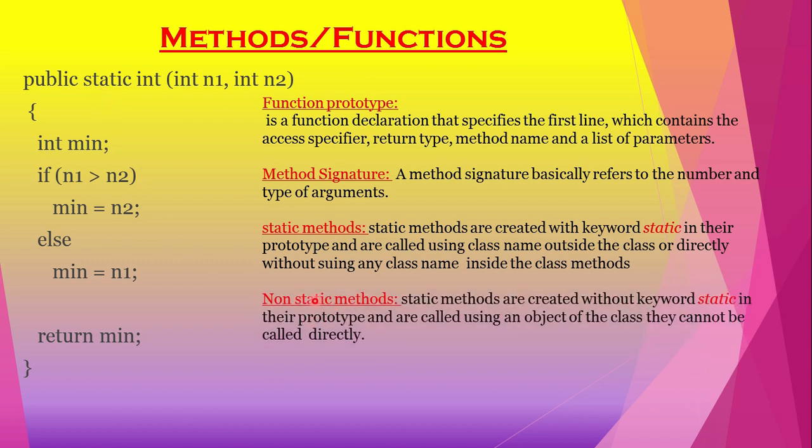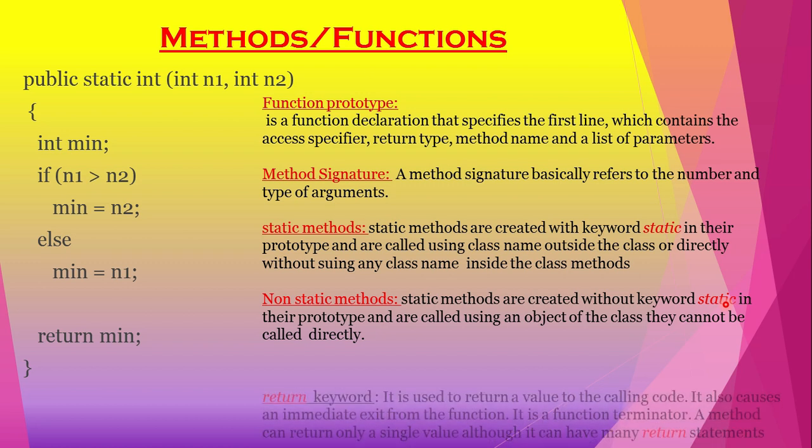Non-static method means this keyword will be absent. It will be created without the keyword static in the prototype and is called using an object of the class. They cannot be called directly. This explanation I will give you afterwards.